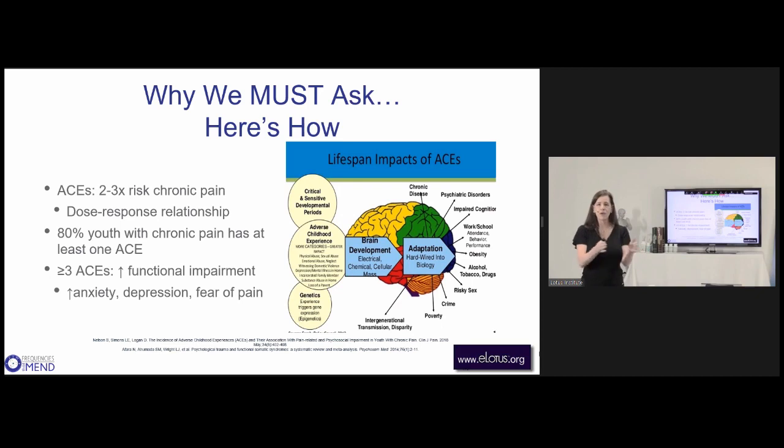Zero to 7 is a really, really important window for me, but they went all the way up to 17 years old with this. So now you can see that we really have to know what happened to the person that has these issues, because they are more likely to engage in risky behavior. They are more likely to go for substances or things that will try to make them feel better.